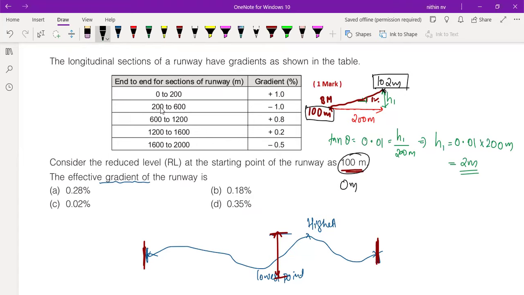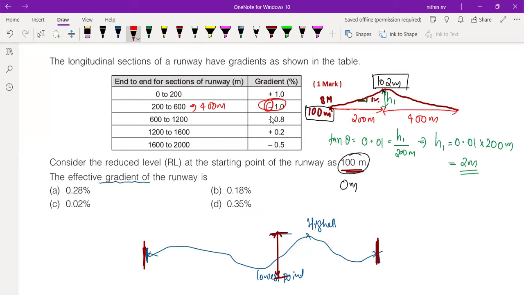Now, from 200 meter to 600 meter, the gradient is -1%, which means the ground is going downward. For how much distance? 200 to 600 means this stretch is going to be 400 meter, right? So for 400 meter, the ground is coming downward.